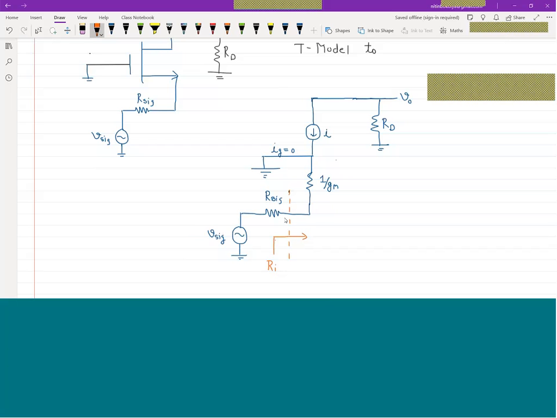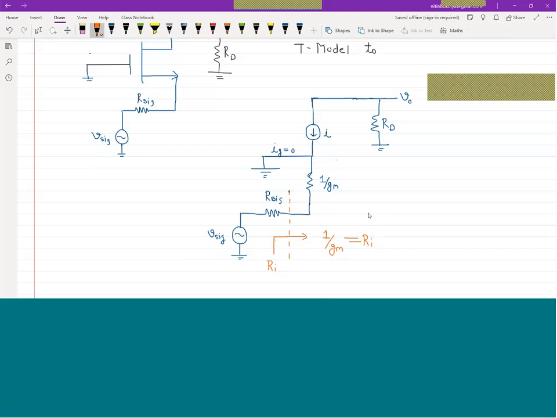So if you remove the supply, the input resistance is 1 by Gm. You can calculate it by any technique. Let's apply a voltage source here, and the voltage source means V test minus 0 divided by I test. So you get V test by I test ratio equivalent to 1 by Gm. So this is the input resistance.